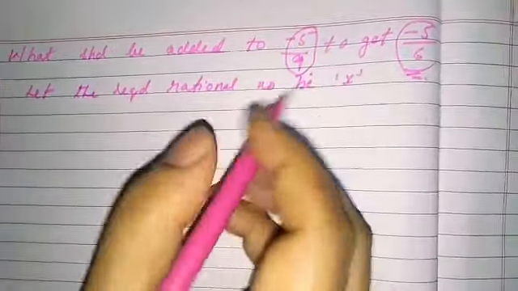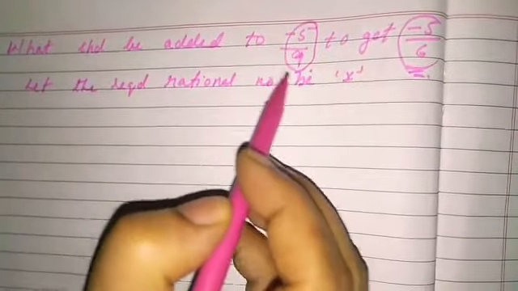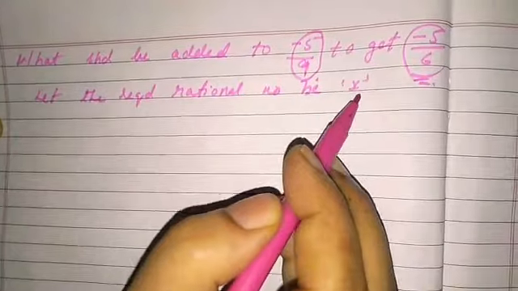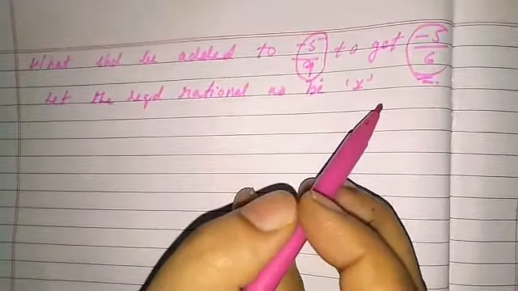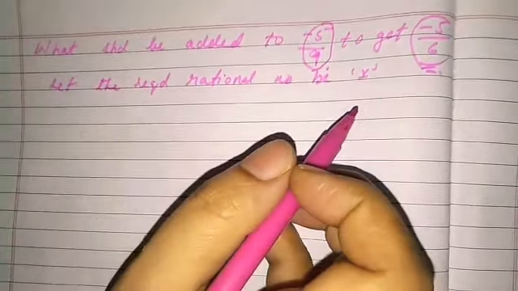Let's consider the missing number, the one we are going to add to minus 5 by 9, to be x. Now this is your first step. You write the value of that missing number to be x.